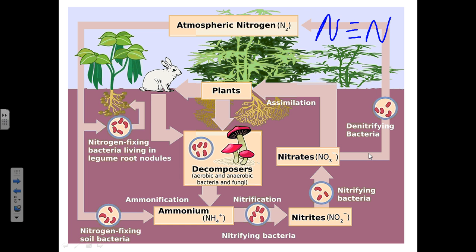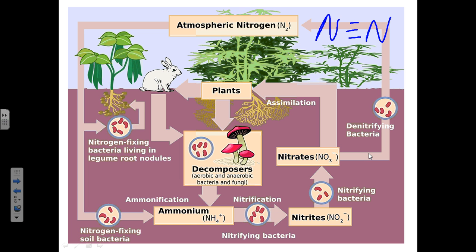It's called a triple bond. And that means it's really hard to do what? It's hard to split it. It's hard to separate it. And if you can't separate it, you can't use it. So even though there's a lot of nitrogen on Earth, there's not a lot of nitrogen that things can actually use. It's trapped in this gas, nitrogen gas.